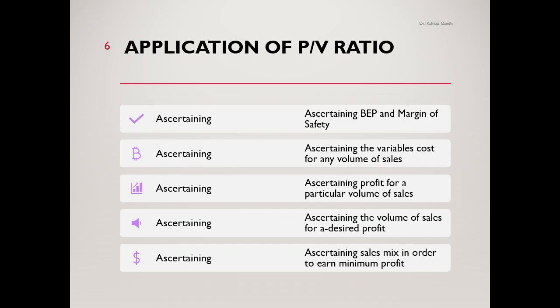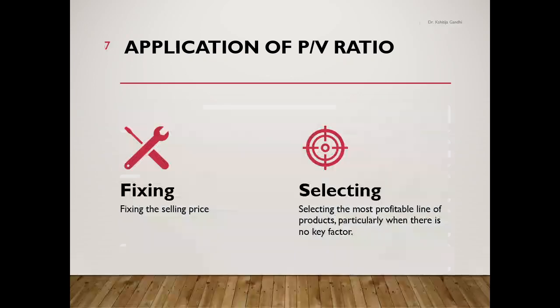For ascertaining the volume of sales for a desired profit. For ascertaining sales mix in order to earn minimum profit. For fixing the selling price, and for selecting the most profitable line of products, particularly when there is no key factor. So these are the certain applications of PV ratio.